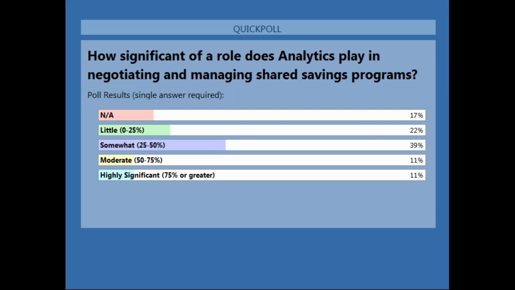So we definitely have a skewed response here to the lower side of not using it or using it a little bit or somewhat. We have a couple of high performers who are in the moderate and highly significant use of analytics. So this is probably typical of what we're seeing right now. People are still approaching analytics and trying to understand how to make it usable to run their practices.